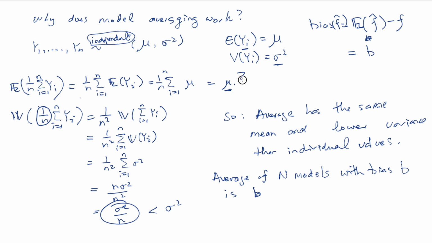That's what we just showed here. So the average of n models of bias b is still b, so it doesn't change. Sorry, I should say here independent models, but the variance is lower.